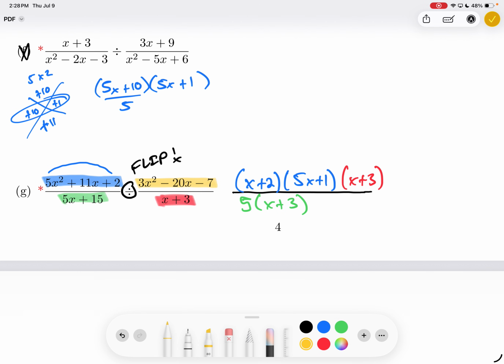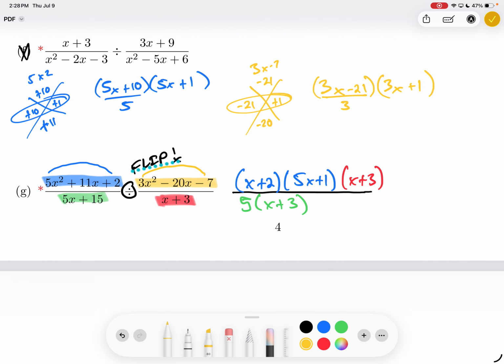On that one, I've got to do the multiplication thing again. So 3 times negative 7. What multiplies to be negative 21 and adds up to be negative 20? Negative 21 and positive 1. So I write 3x at the beginning of both of them, and then I write a negative 21 and a positive 1.